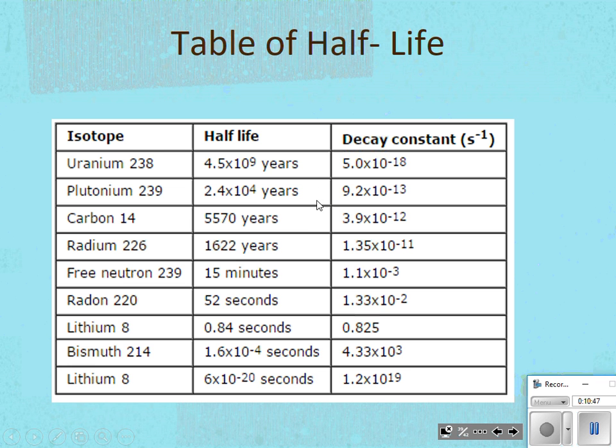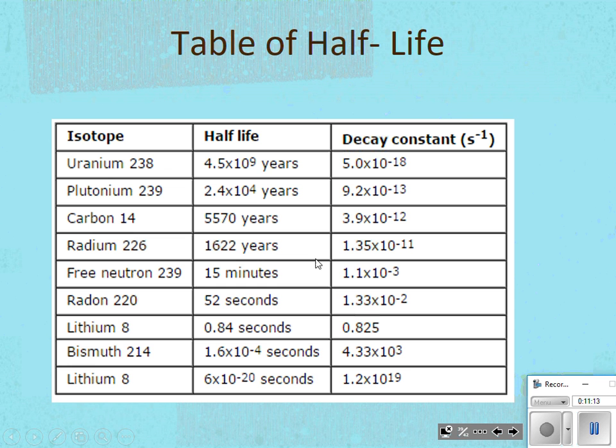Not everything's the same. Right here's carbon-14. We use carbon-14 in trying to find the dates. It's called carbon-14 dating. Carbon-14 has a half-life of 5,570 years. So half of the carbon-14 decays every 5,570 years.